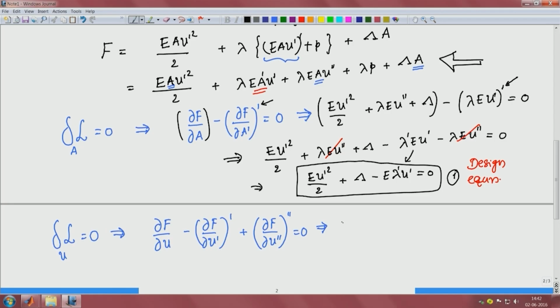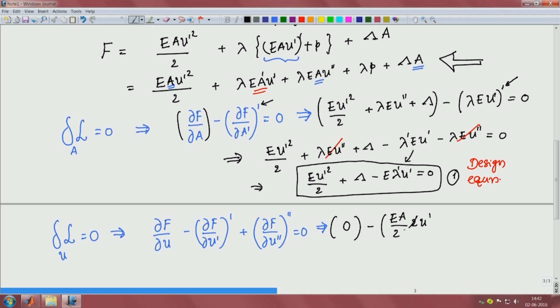So the first part will be just 0, dou f by dou u is not there. Dou f by dou u prime, there are two terms, the first term will give E A by 2, and then u prime square will give 2 u prime.